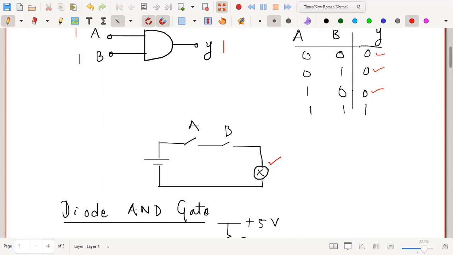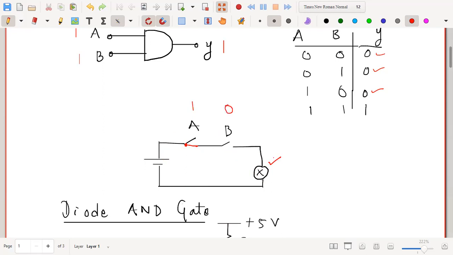I hope you got it. Let me put these switches closed here, and then this switch also closed. Only when both the switches are closed can the current flow, the electrons will flow, and then the bulb will glow. Otherwise, when any one of them is open, let us say B is open and A is closed, that means A is 1, B is 0.